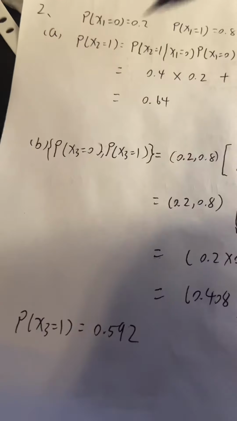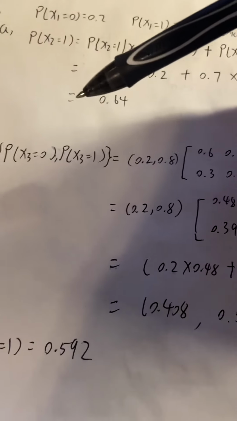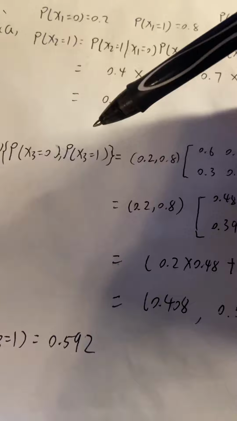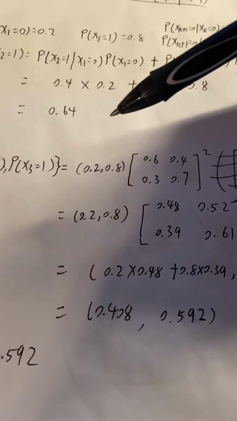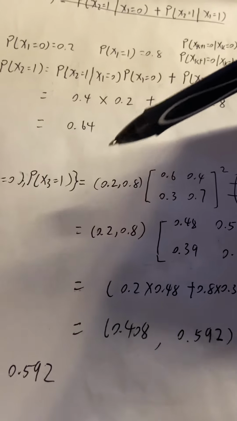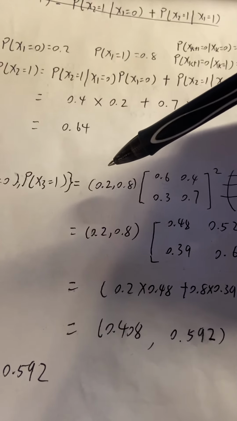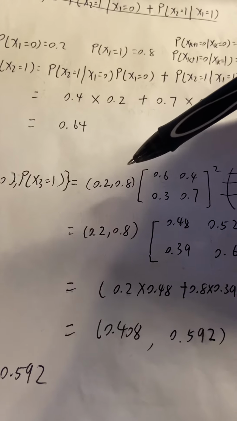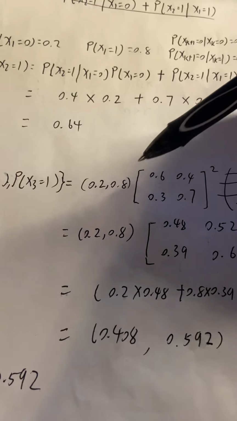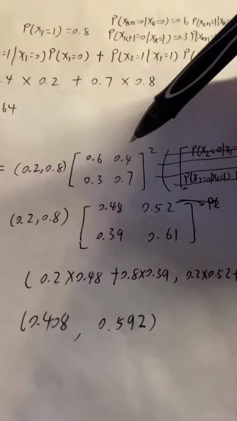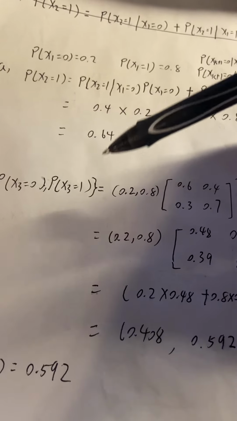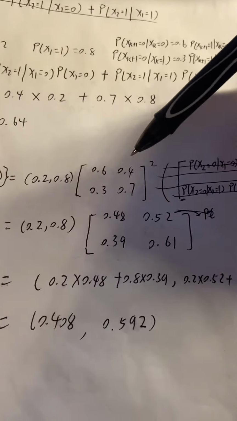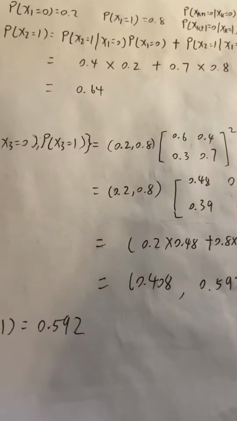And the second question, problem B, we need to find the probability of x3 equals 1. We can multiply the probabilities of x1 equals 0 and x1 equals 1 by the conditional probability matrix, and since we need the probability of x3, we need to use the square of the matrix.